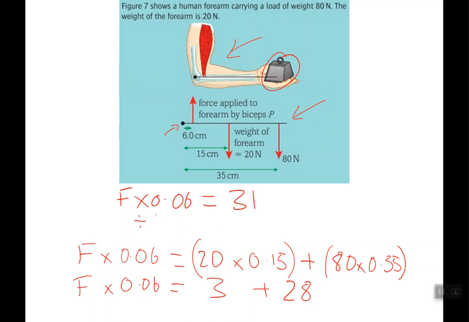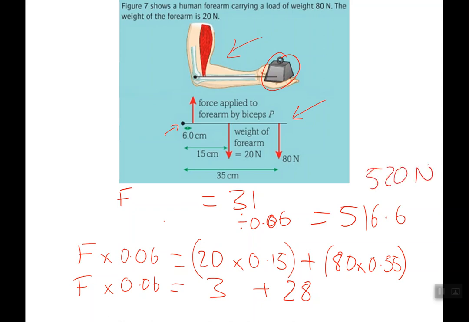So if we divide this side by 0.06 and divide this side by 0.06, we should get the answer. That will cancel out. So giving us F is 31 divided by 0.06, which is equal to 516.6. Now if we do this to 2 sig fig, we get 520 newtons.